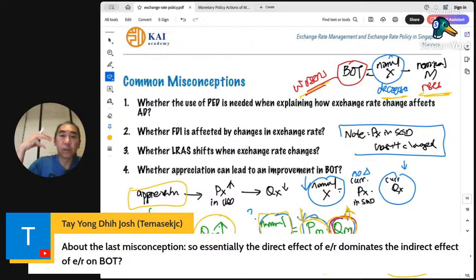So your appreciation, assuming your Marshall-Lerner condition holds, will worsen your BOT. While that appreciation leads to an improvement in the price stability in the longer term, which can in turn lead to an improvement in the BOT, that should not offset the effect.